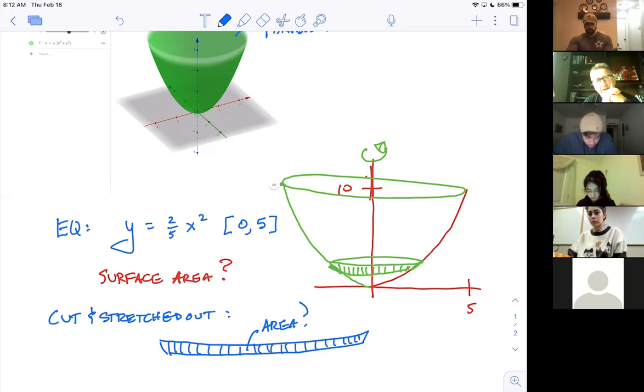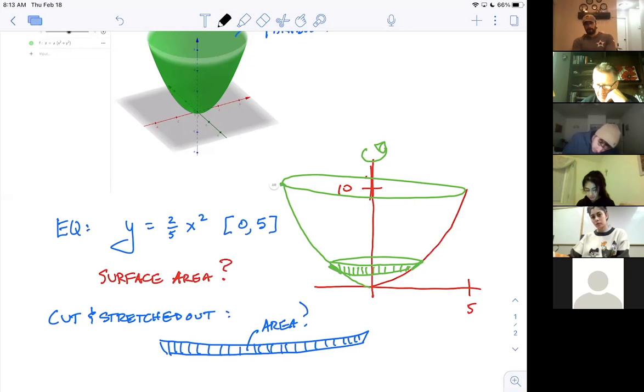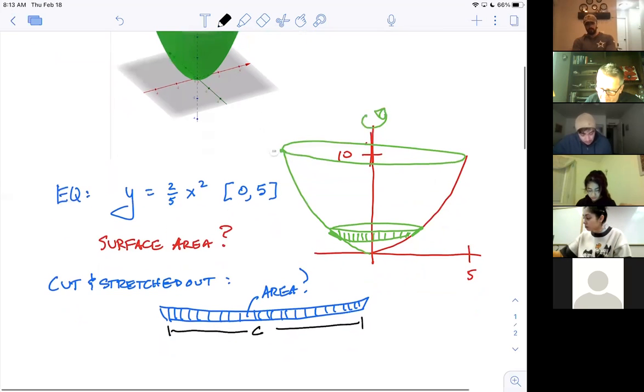Well, notice it's kind of a rectangle. But wouldn't the long side be like pi r squared because it's the circumference of that circle? That's right. So isn't this length right here just the circumference of the circle, just like it was for cylindrical shells? And isn't that 2 times pi times radius?